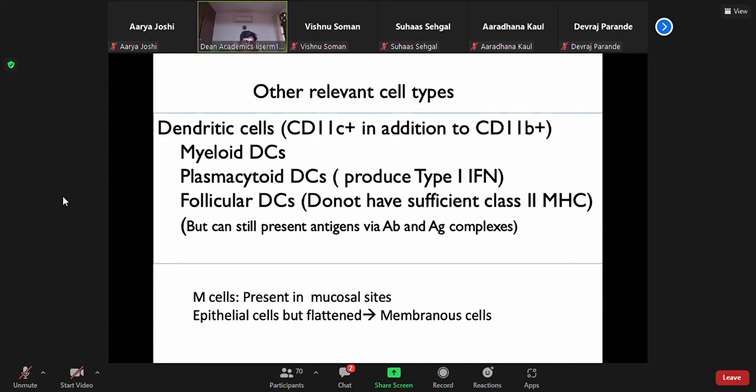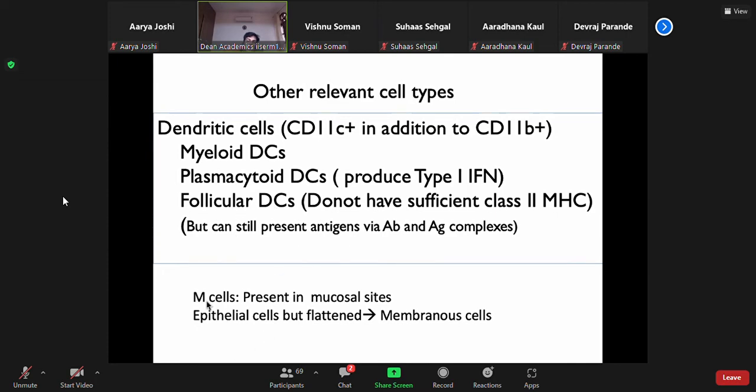Antibody is bound to antigen, and the structure of antibody is Y-shaped. On this side you have the antigen bound. In the stalk portion you have this Fc portion, right? Fc receptors are predominantly present on these follicular dendritic cells. Because of this process, they can take up these antigens, process and present to T cells. These are called follicular dendritic cells.